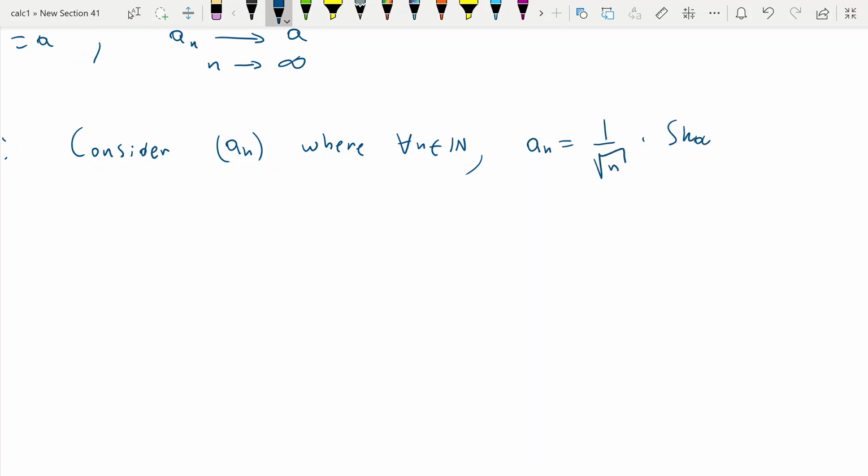Now show, or prove, and we have to prove rigorously, not only show me that that's the case, that the limit of a_n, as you probably suspect, as n goes to infinity, is equal to 0.